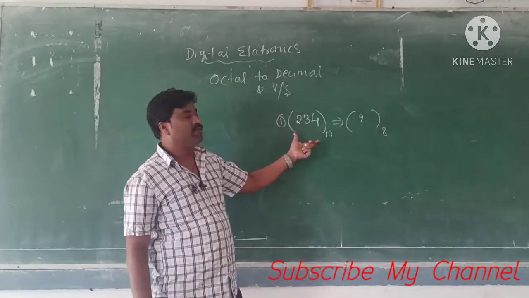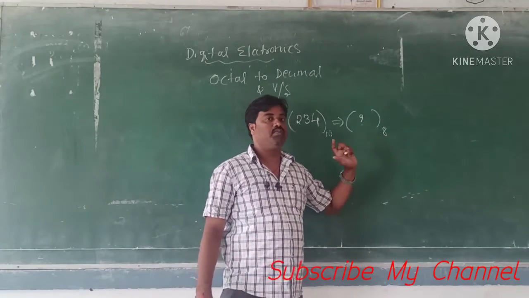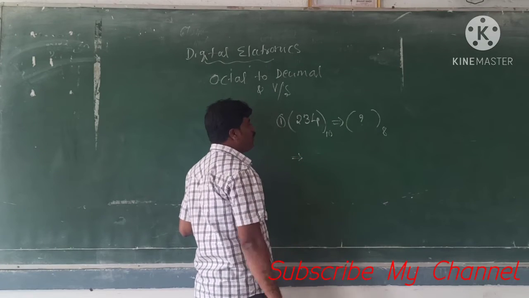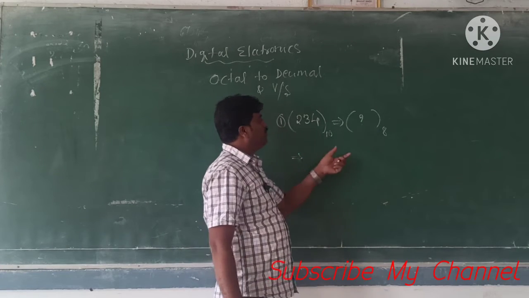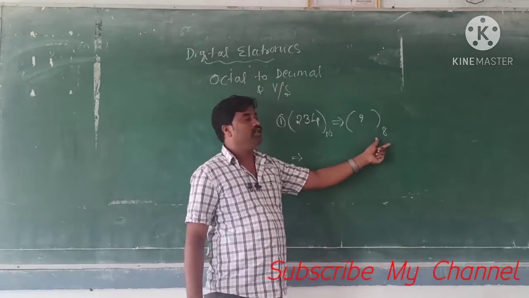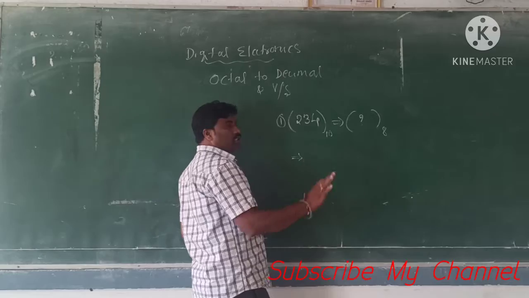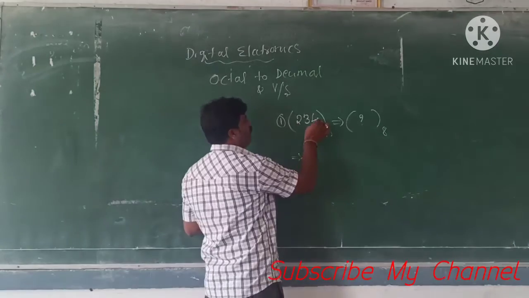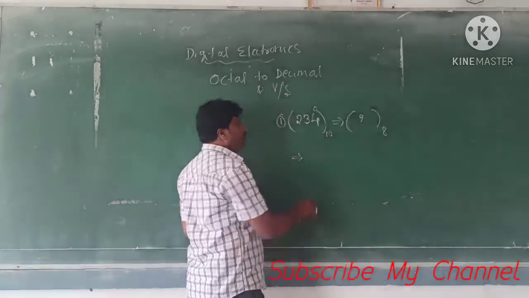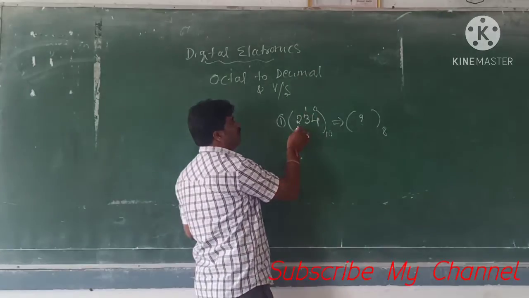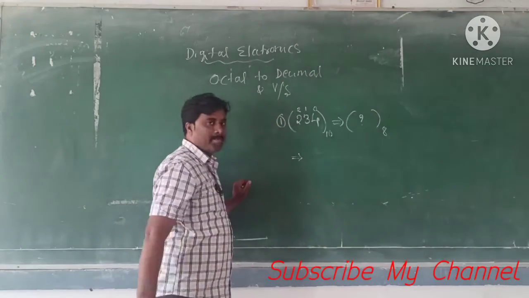For this purpose, we have to multiply each digit by 8. We have to consider the position value of each digit. The position value of 4 is 0, the position value of 3 is 1 and the position value of 2 is 2.